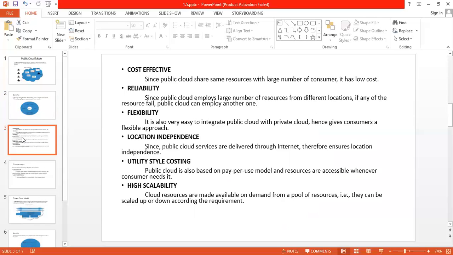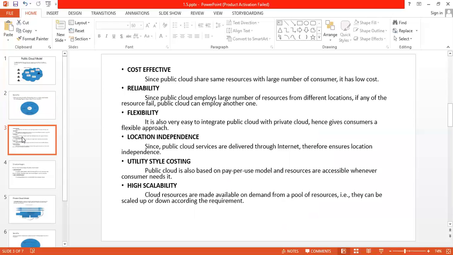Public cloud is reliable because it employs a large number of resources from different locations. If any of the resources fail, public cloud can employ another one. So these are reliable systems. Flexible in the sense that it is very easy to integrate public cloud with private cloud. Hence, it gives the consumer a flexible approach.